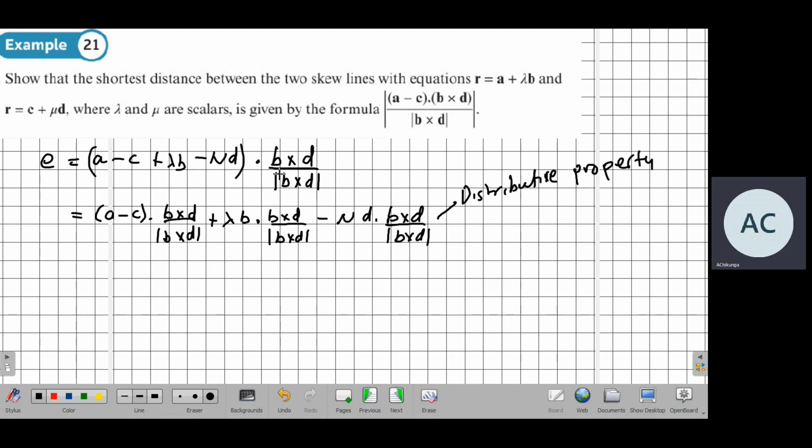So it's basically you're just multiplying this quantity with everything that's inside the bracket.